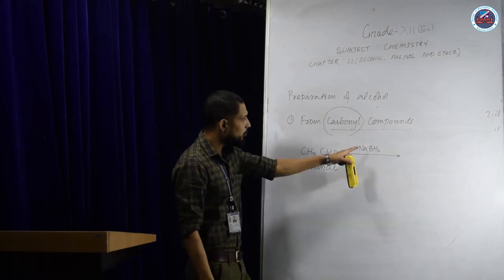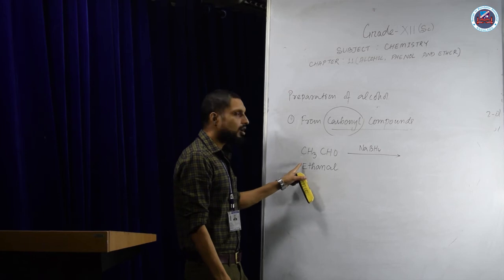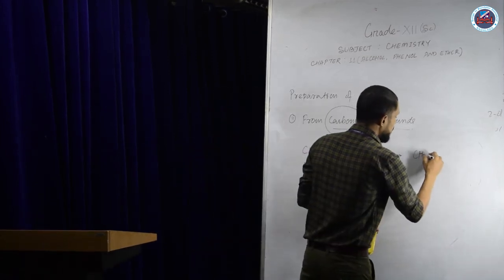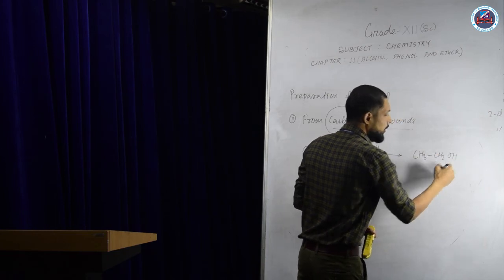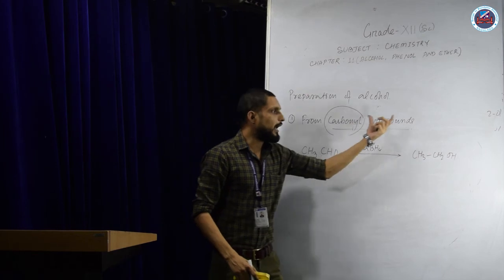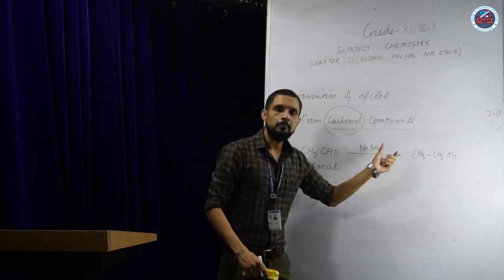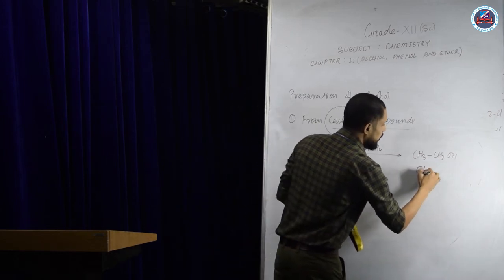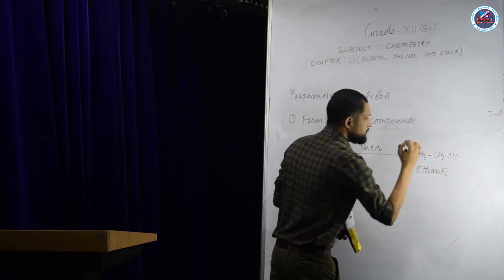So when we use sodium borohydride, ethanal will give ethanol, that is CH3, CH2, OH. So you can see the aldehyde will form an alcohol with the same number of carbon atoms. The name of this alcohol is ethanol.